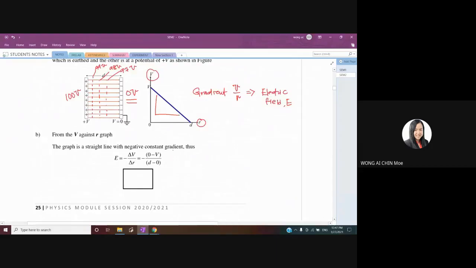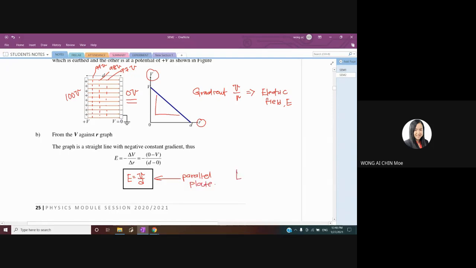So therefore, our E equals the change of V over the change of R, so 0 minus V over D minus 0. So our equation for electric field in the parallel plate is E equals V over D.